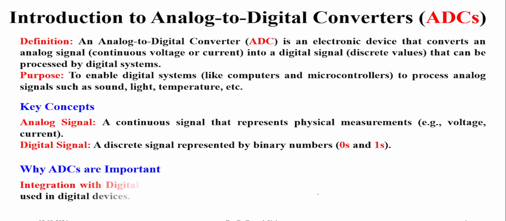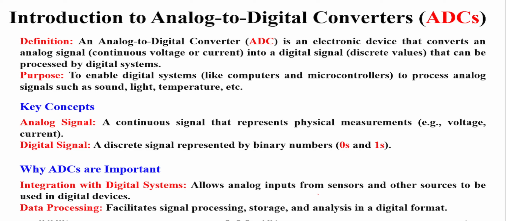Why are the ADCs important? ADCs or analog to digital converters are important because they allow analog input from sensors. For example, in our case, we showed that a microphone was used as an input signal.